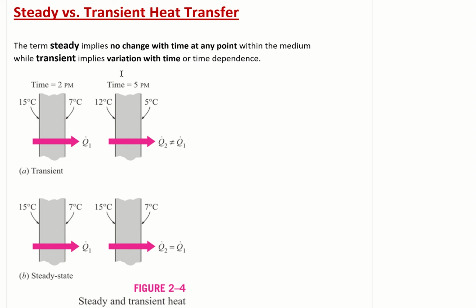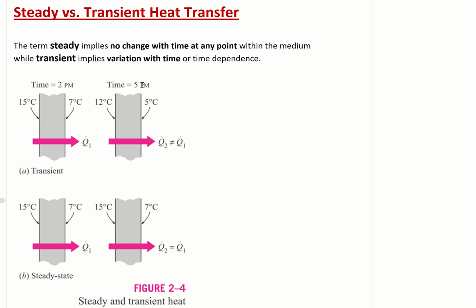Let's take a look at this steady state example down here first. Say at 2 p.m. the wall is 15 degrees on this side and 7 degrees on this side, has a temperature gradient, so there will be some heat transfer through this wall.